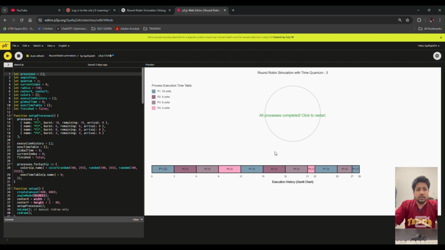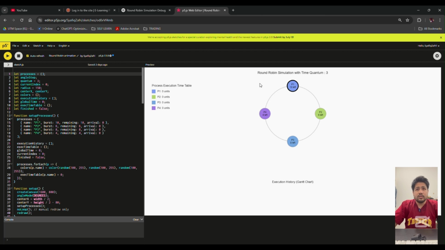So as this example, we can see I made the simulation. We have the round robin simulation with a time quantum of 3, meaning that the processor will execute each of the processes for 3 time units.